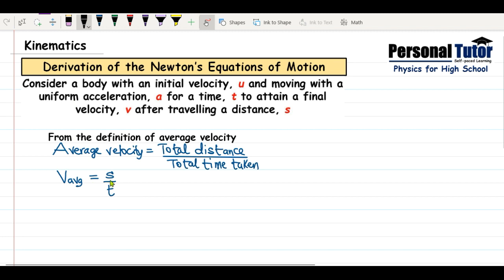From here, if s is made the subject by cross multiplying, s will be equal to the average velocity times time. Okay, so let's refer to this as equation A. But mathematically, the word average could also stand for mean.